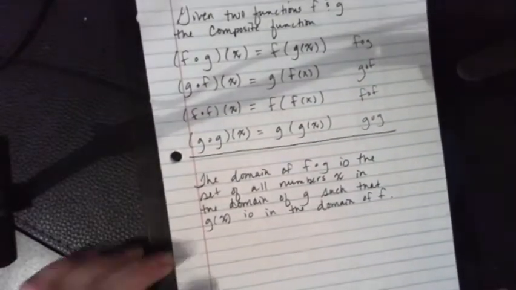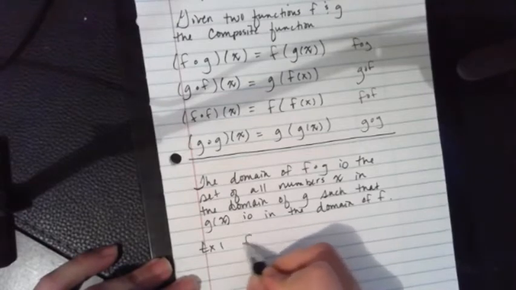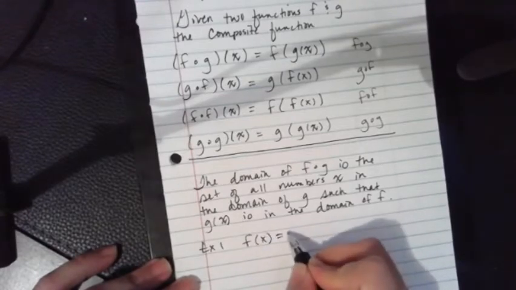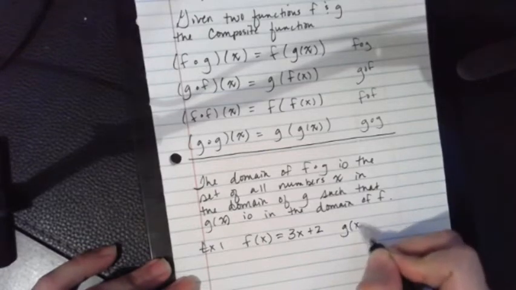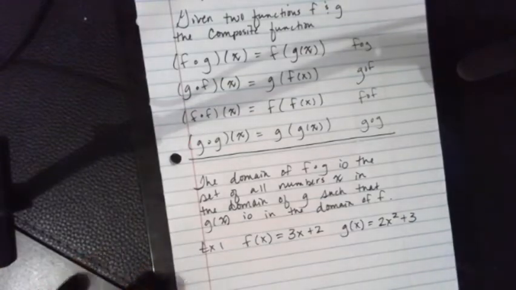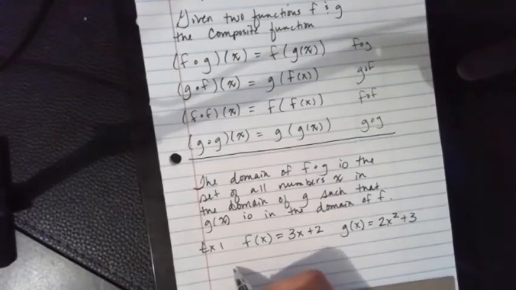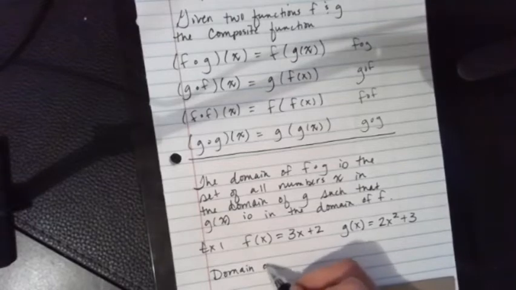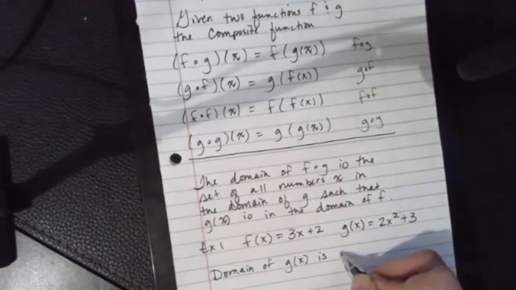Okay, so just looking at domains. Let's say we're given the functions f of x equals 3x plus 2 and g of x equals 2x squared plus 3. Okay, so looking at g of x, that's all real numbers.